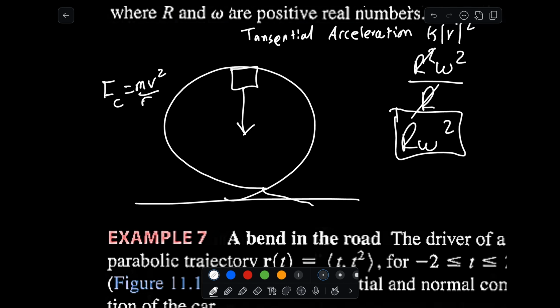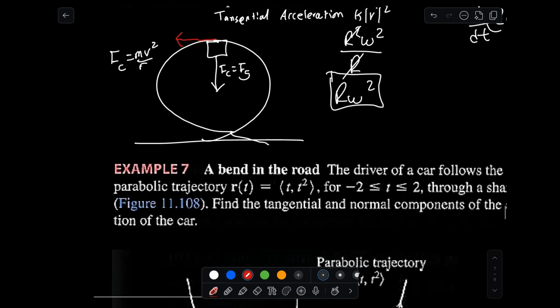It's pointing inward. The acceleration of the block is going inward, and it's all normal to the surface, right? It's not tangential. Tangential would be going like this. There's no tangential there. It's all normal, right? And that's where that comes from.